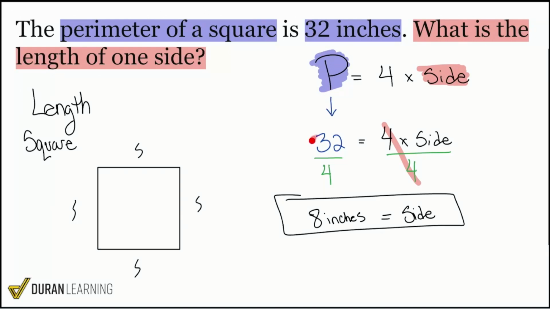I know what the perimeter is, and I'm looking for the side. That's where I'm able to work backwards, dividing both sides by 4, to get rid of that 4 that's next to the side. Getting rid of it to get it by itself. 32 divided by 4, that's going to give us 8. And that's how we would get this done.